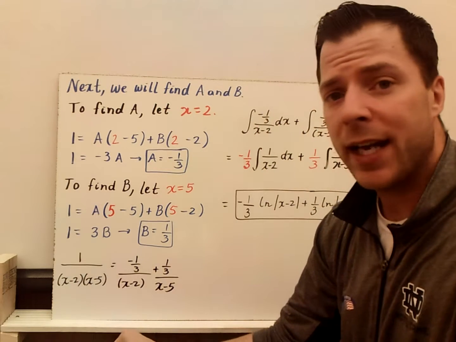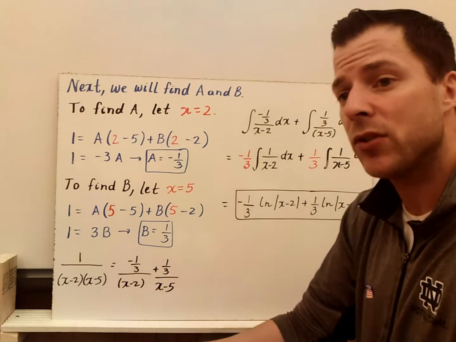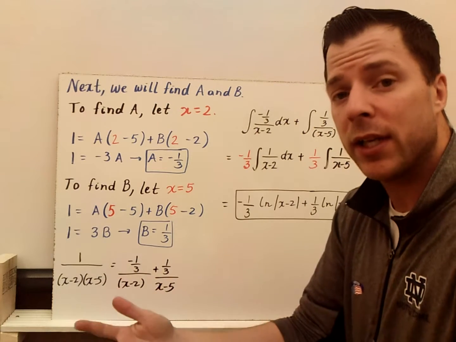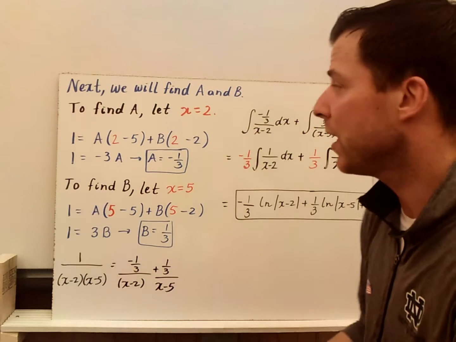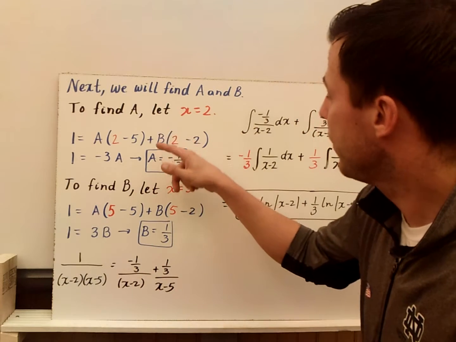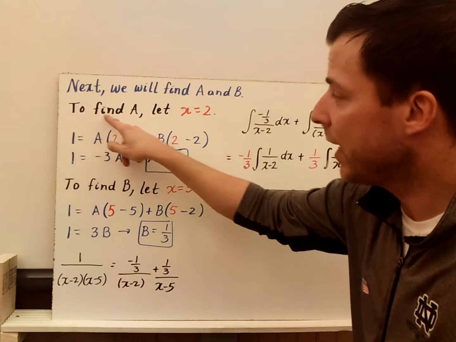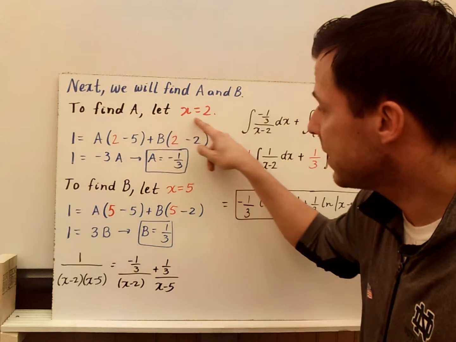Now, to find A and B, it's like pretending they're the x and y intercepts. I'm going to set one of these terms equal to 0 and find the other. I can't just say B is 0, since B is being multiplied by x minus 2. So, to find A, I'm going to let x equal 2.